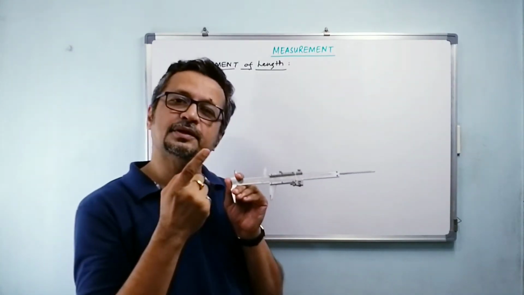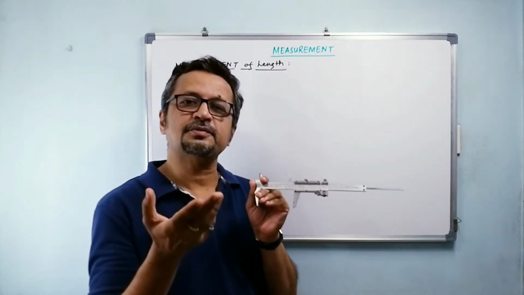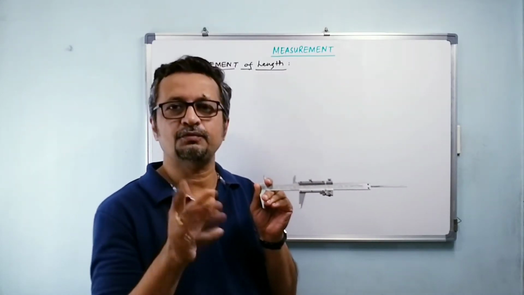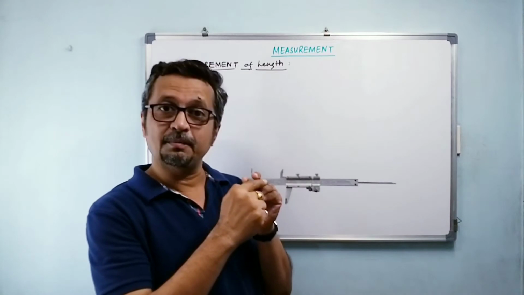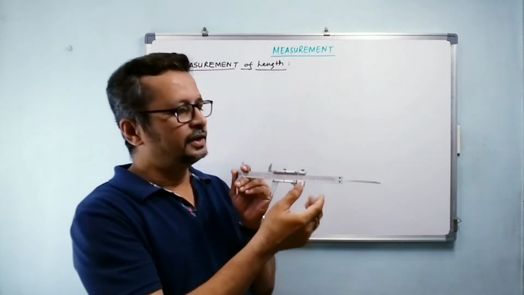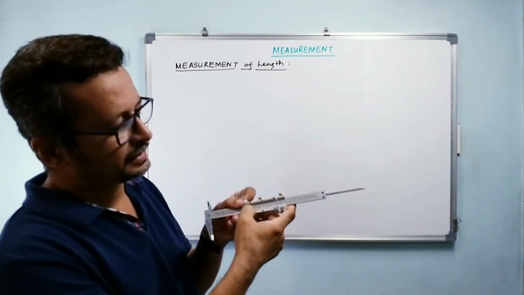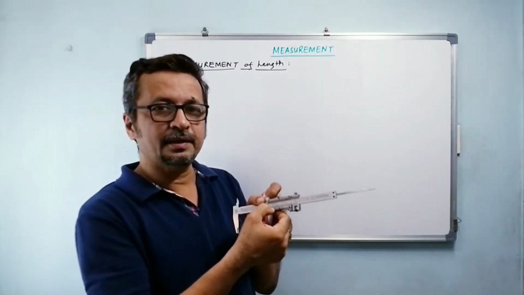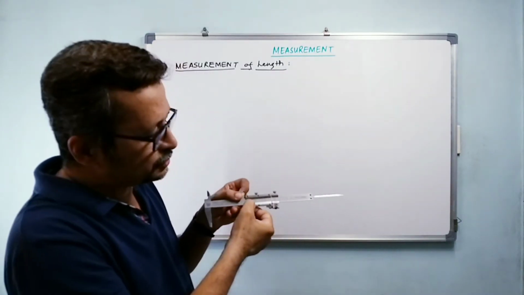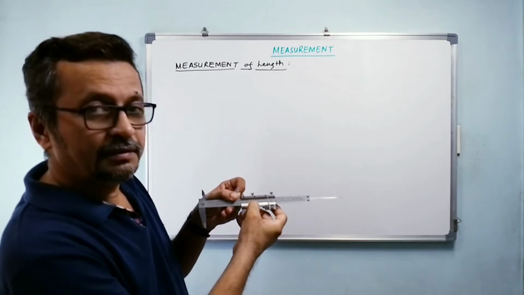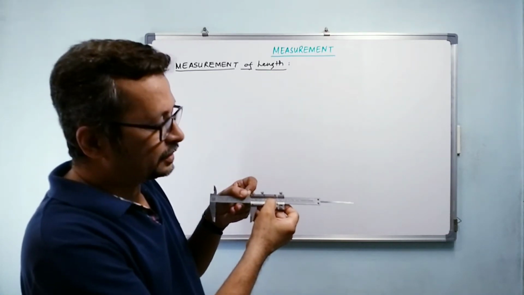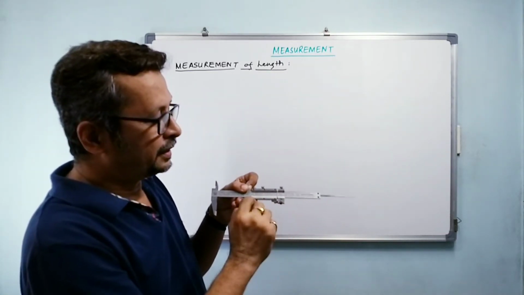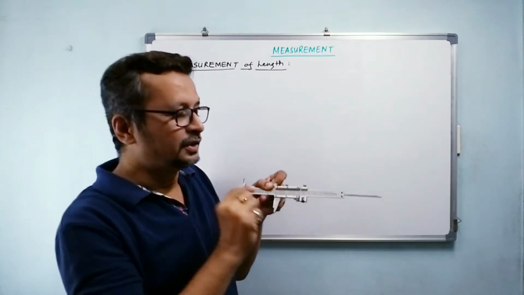Now, what is 1 millimeter? 1 millimeter is 10th part of a centimeter, correct? So 1 millimeter is the least count of my main scale, okay. Now, what about this vernier scale? Okay, you would be able to see some calibrations over here on this vernier scale, which I'll be showing you in some time, okay.